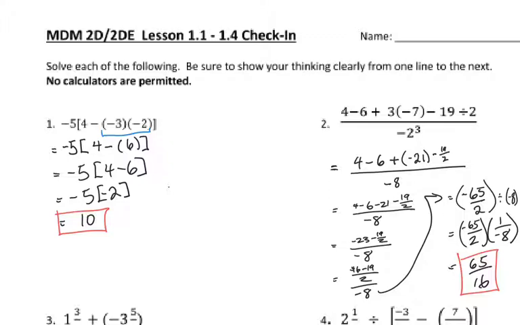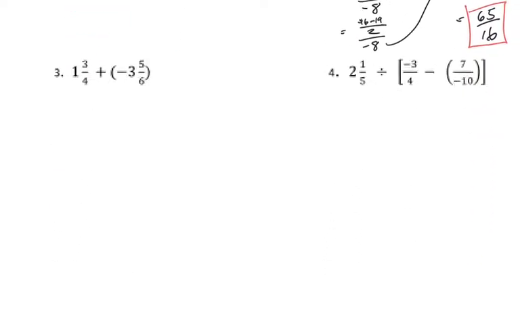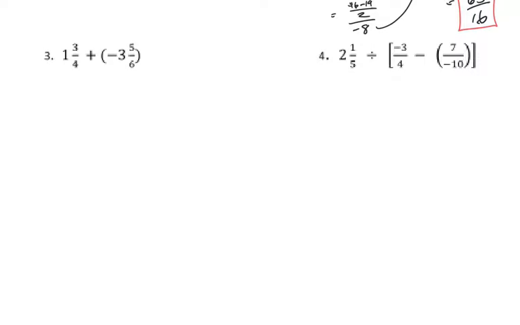Continuing with the problems, now we have a fraction to work with for question number 3. To start, 1 3/4 becomes 7 over 4.